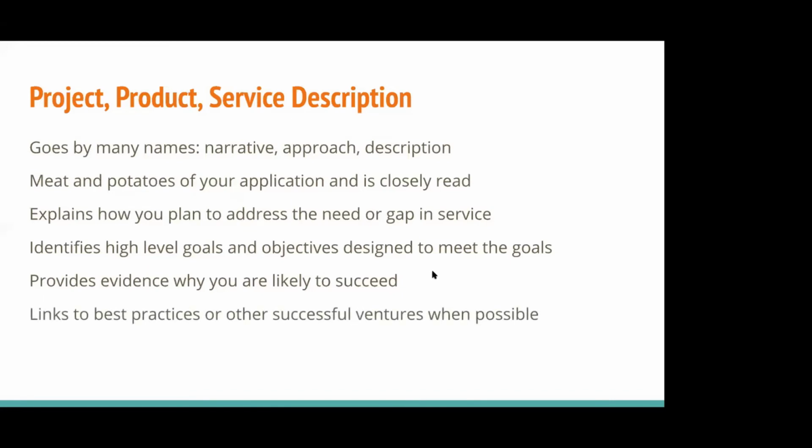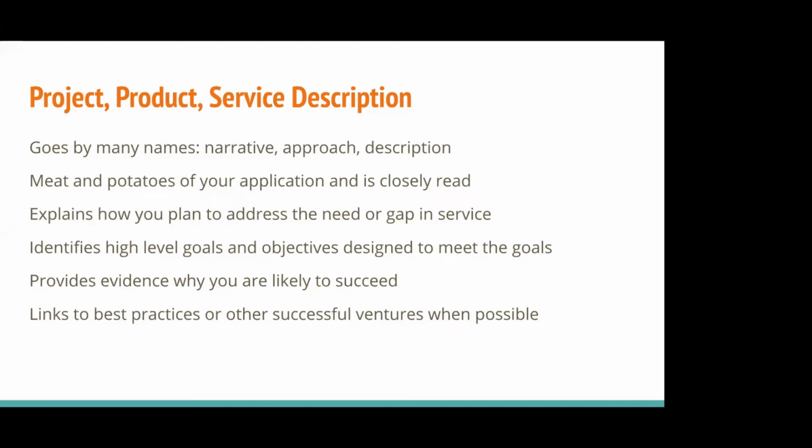It links to what are called best practices or other successful ventures when possible. Now, a best practice is a pursuit or a plan or an approach that has been tested and used by many different entities, businesses, nonprofits, and it's come to be known as an industry standard.